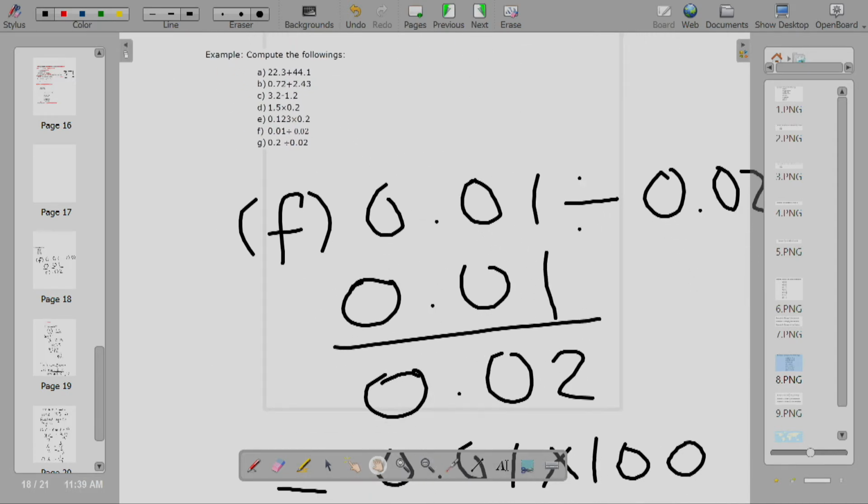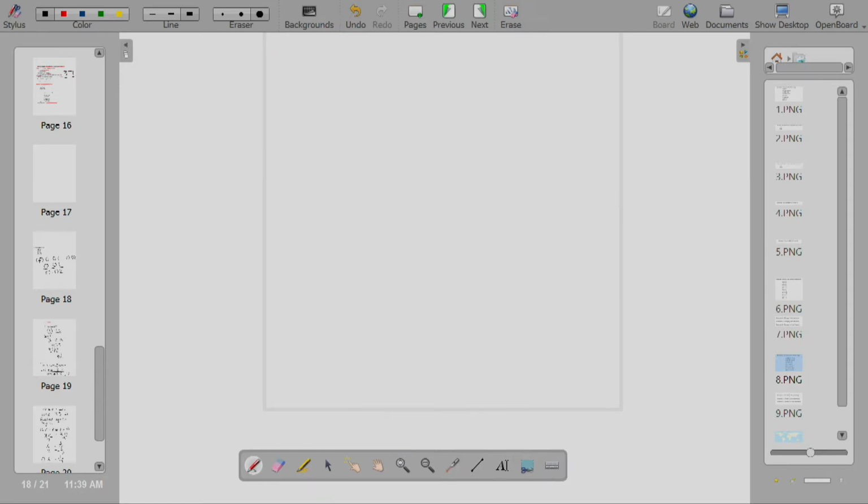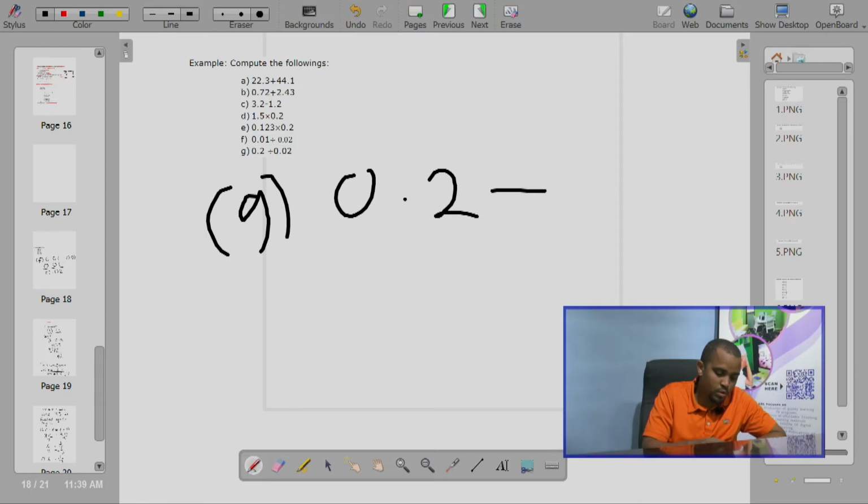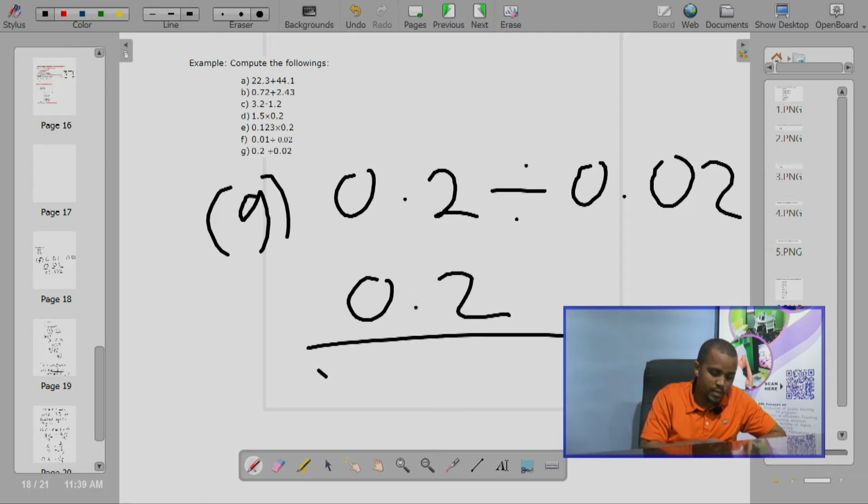So let's finish with the last one, Part G, where we are required to divide 0.2 by 0.02. So 0.2 divided by 0.02.